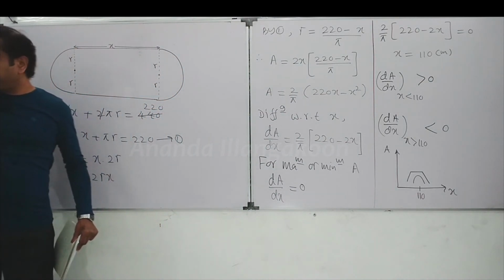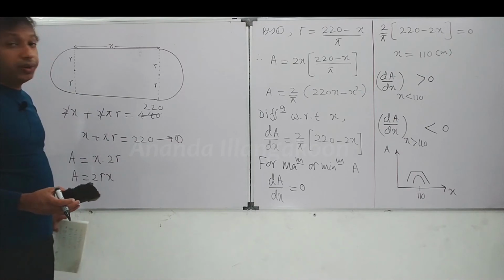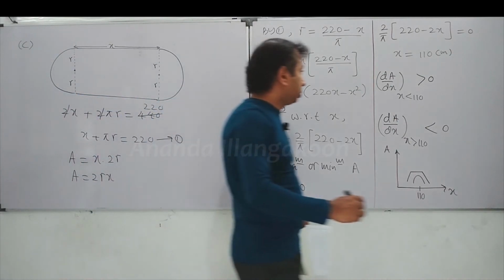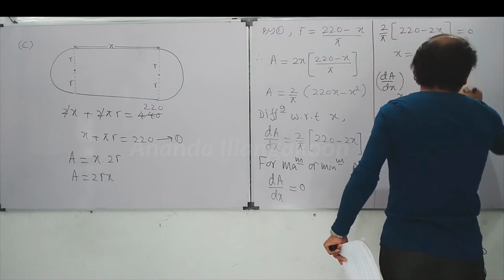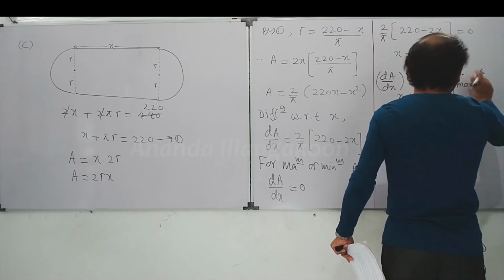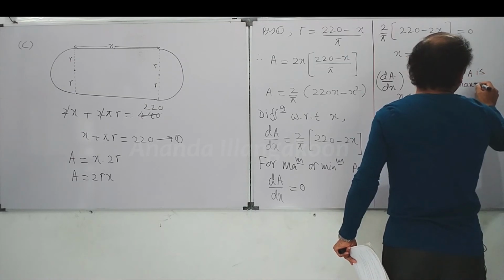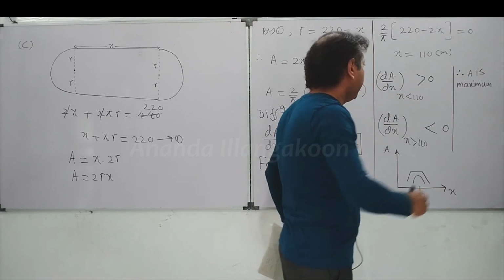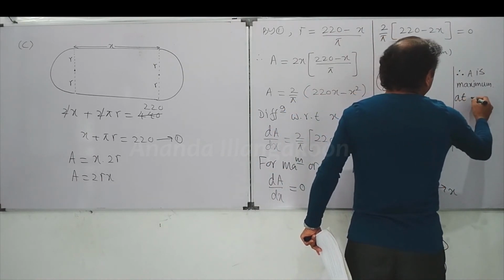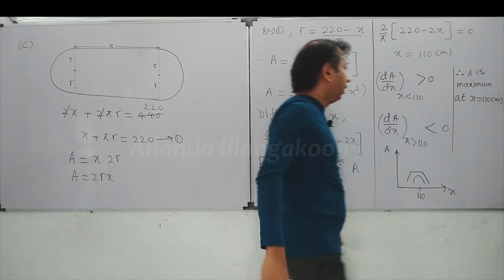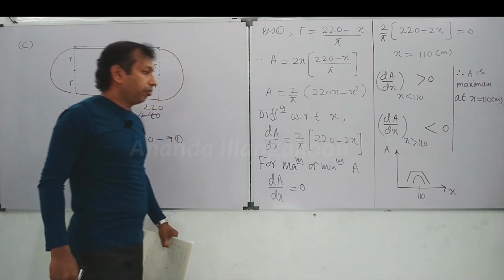So you can write A is maximum when x equals 110 meters.